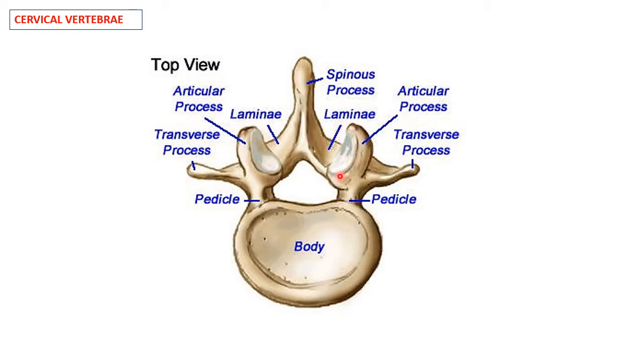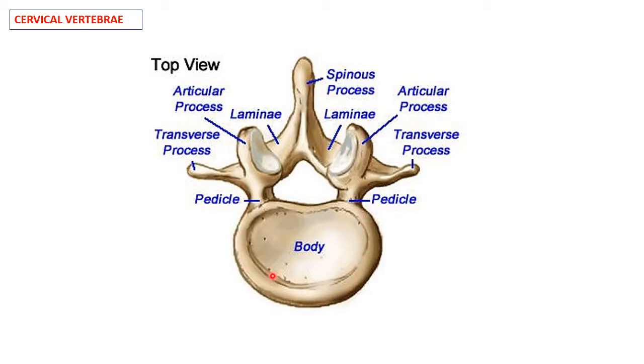These superior articular facets are for articulation with the vertebra above, and the inferior articular facets are for articulation with the vertebra below. So now we have revised the parts of a typical vertebra.